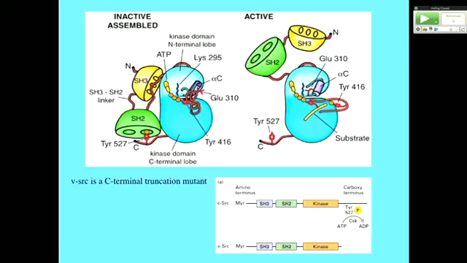The first domain of interest is the C-terminal domain, the carboxy-terminal domain, which contains a tyrosine 527, which is normally phosphorylated in cells. So under unstimulated conditions, with normal cell growth, this tyrosine is constitutively phosphorylated. It is always phosphorylated. And it has a high interaction with a domain called the Src homology 2 domain.